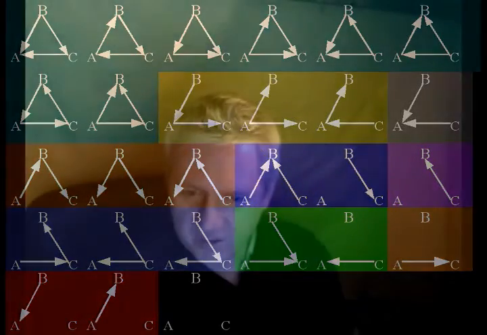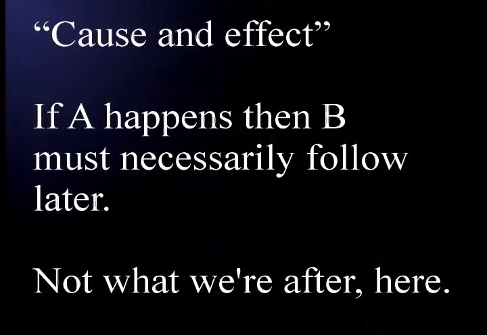These kinds of directed connections are a bit easier to think about if we add some understanding to the directions of these connections. Cause and effect may be an expression that comes to mind, but people put so many different meanings into that phrase that I would rather avoid it.